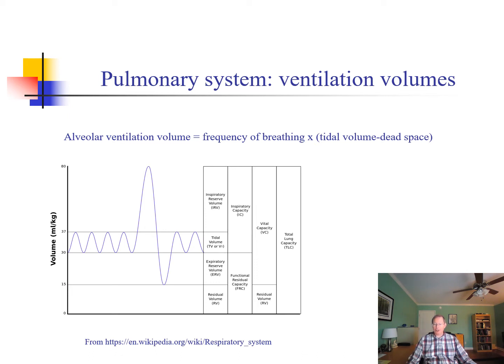This additional amount is called the inspiratory reserve volume. So if you watch, I'm breathing at my tidal volume, and I can access that inspiratory reserve volume by breathing in more than what my tidal volume would be.